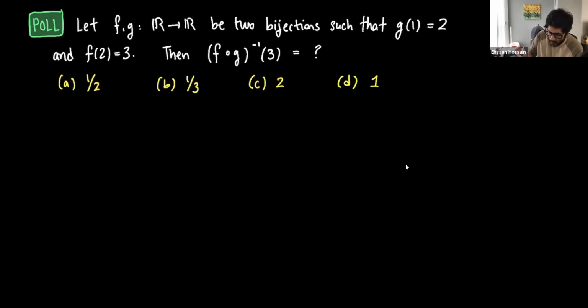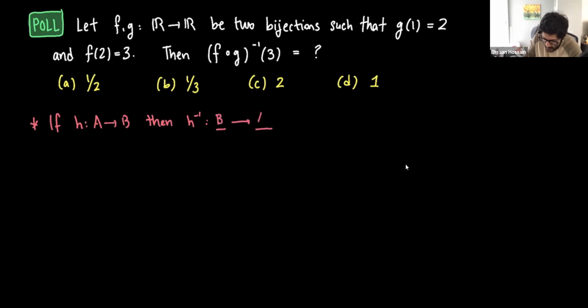Can someone remind me what an inverse function is, by the way? If h is a function from A to B, then h inverse is a function from where to where? From B to A, right? Exactly. It switches the domain and codomain. Let's say h of x equals y.